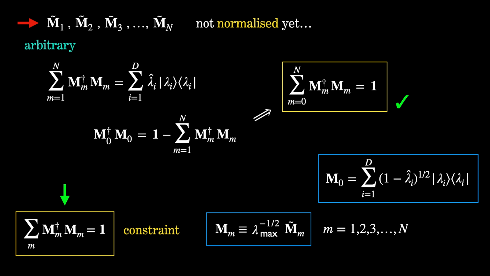Thus, we have just shown how to construct a set of measurement operators that satisfies the normalization constraint from an arbitrary set of operators.